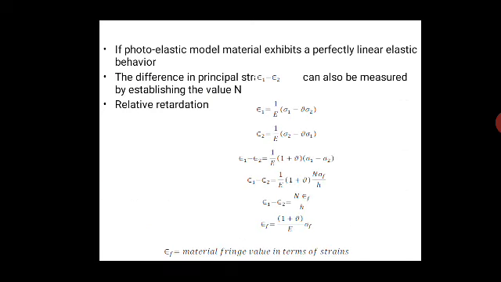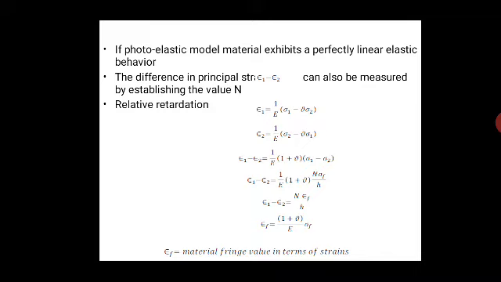If the photoelastic model material exhibits perfectly linear elastic behavior, then the difference in the principal strains can be written as epsilon 1 minus epsilon 2, which can also be measured by establishing the value n. Therefore, epsilon 1 is equal to 1 by E into sigma 1 minus mu into sigma 2.